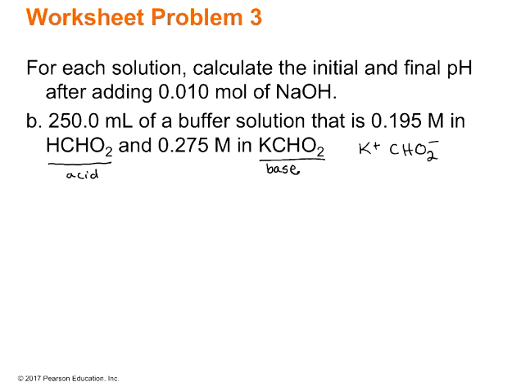All right. So to calculate the initial pH, what we can do is use the Henderson-Hasselbalch equation and then just plug in the Ka value for the acid, and then we'll plug in the concentrations that we were given.